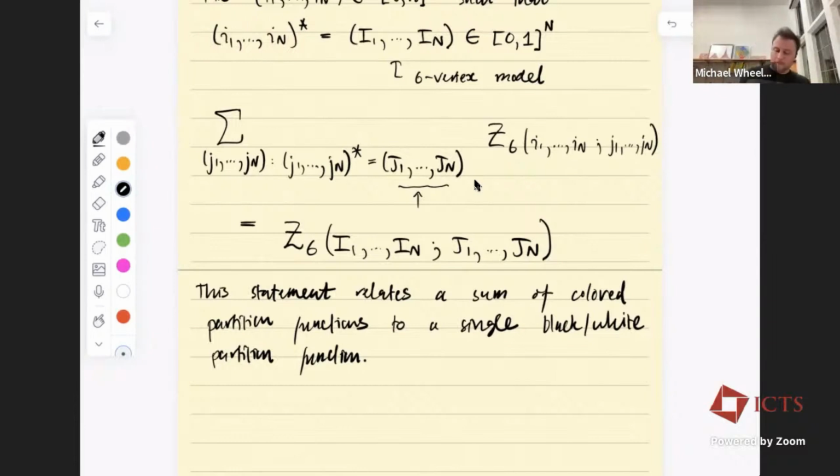And is there a way to go in the other direction, from a small number of colors to a larger number of colors? You would need to choose the weights appropriately, I guess, for the larger number of colors. Yeah, in general, if you have a partition function in the 6-vertex model, you can always reverse this procedure and write it as a sum over colored partition functions. And the way to do that is completely algorithmic.